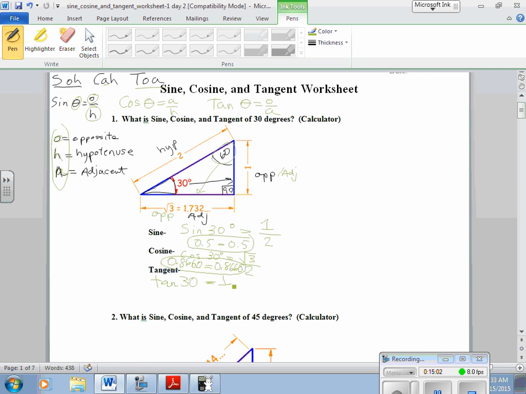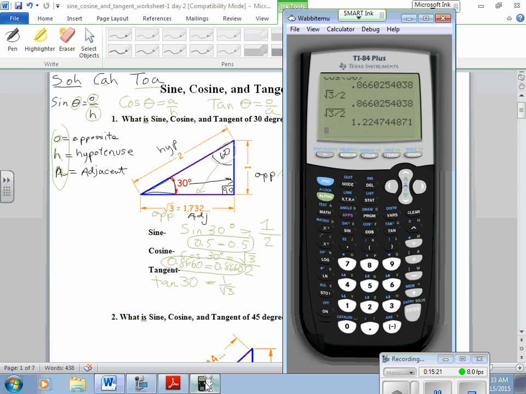1 over square root of 3. Don't use the decimal value. It'll give you a better answer if you put the square root in, okay? All right, so now we're typing tangent of 30.